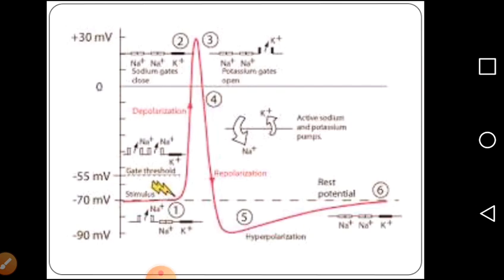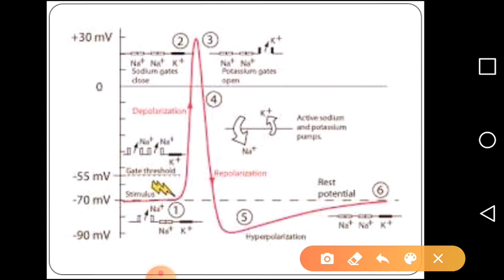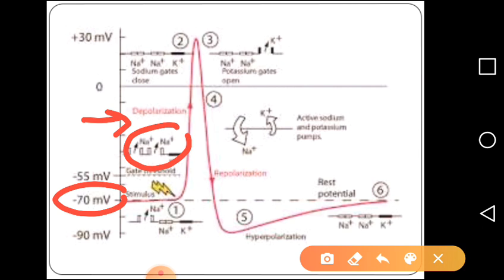Okay, so you can see, firstly, there is a voltage of minus 70 millivolt. Then sodium channels open, and this leads to depolarization. In depolarization, the voltage may reach plus 30 or plus 40 millivolt. Now the sodium channels close and the potassium channels open. When the potassium channels open, more potassium will move outside, and the inside of the cell becomes more negatively charged.